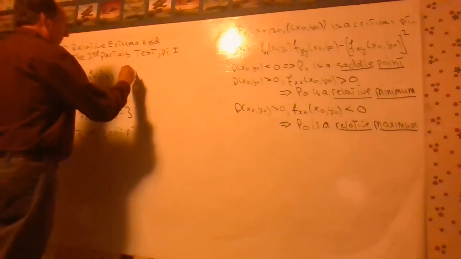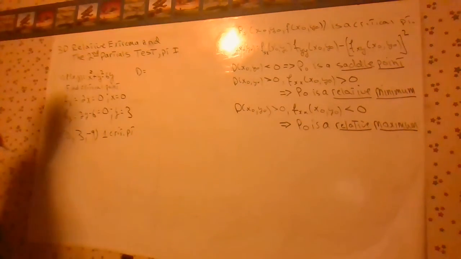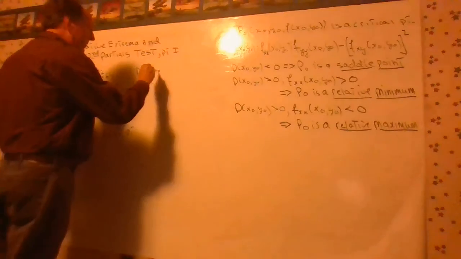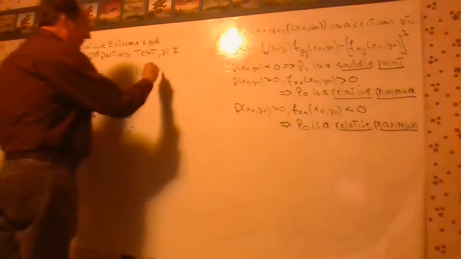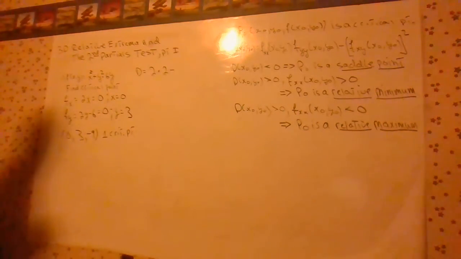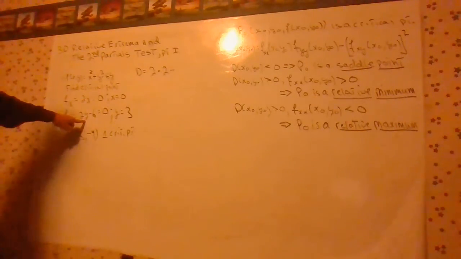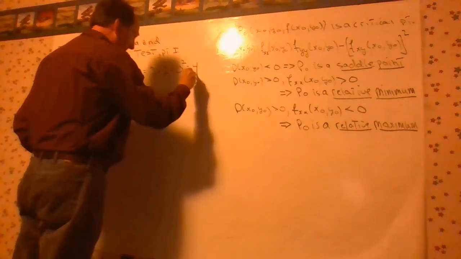So first of all, D equals the second x partial. There's the first x partial, the second one is 2. And then the second y partial, that is 2, minus the mixed partial, which you can do a y partial of this and get 0, or an x partial of that, you get 0. 0 squared equals 4.